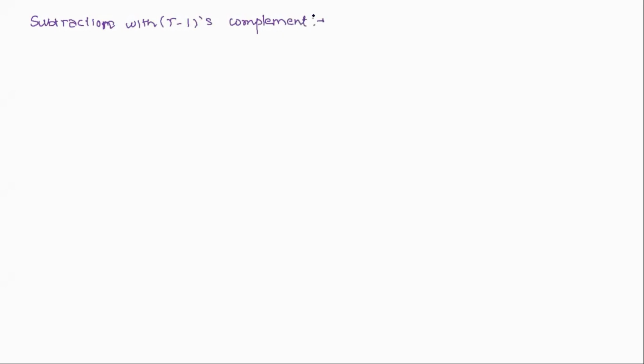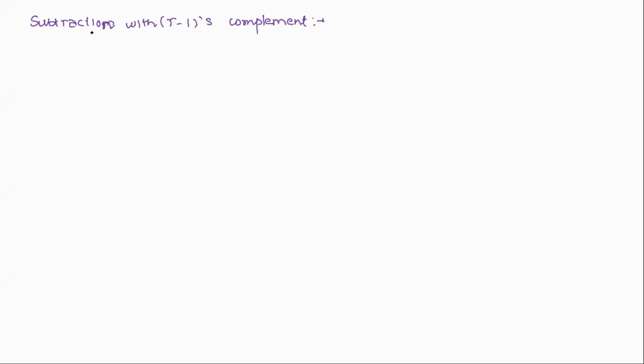So if it is base 2, then it becomes 1's complement. And if it is decimal base, then it becomes 9's complement. So things can be like that.